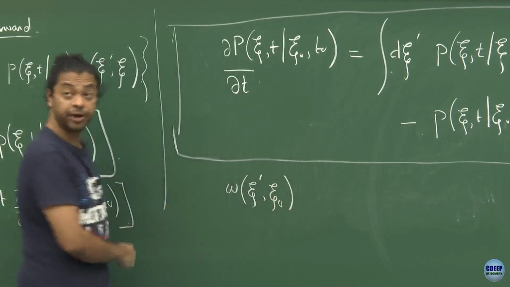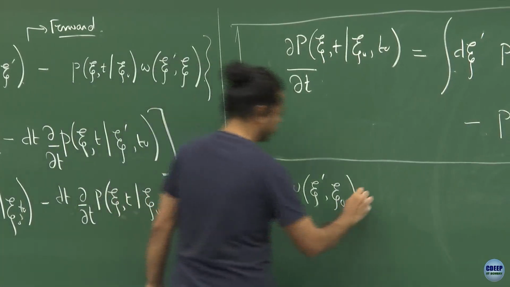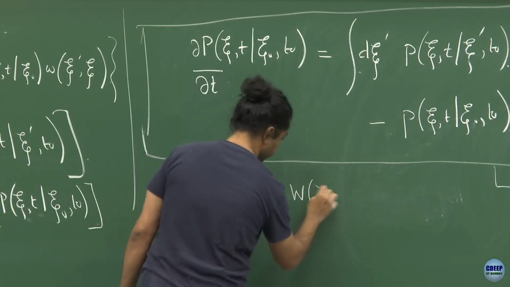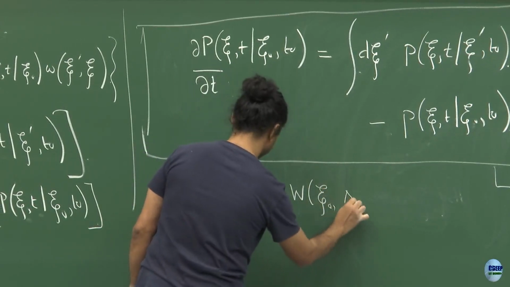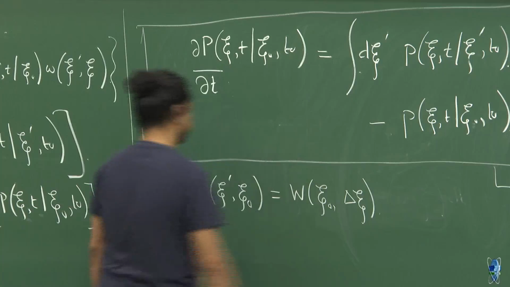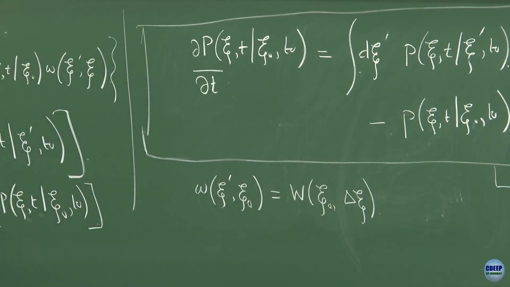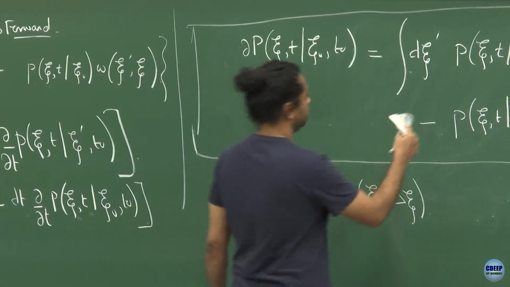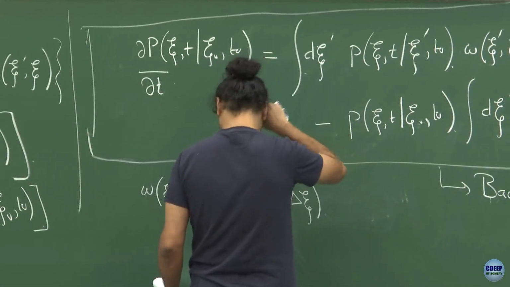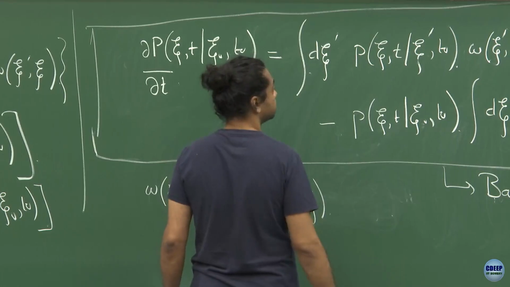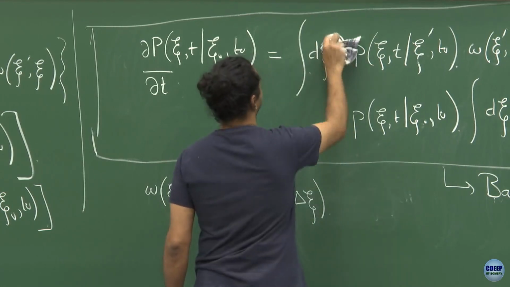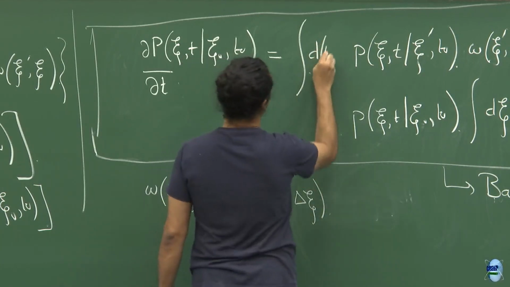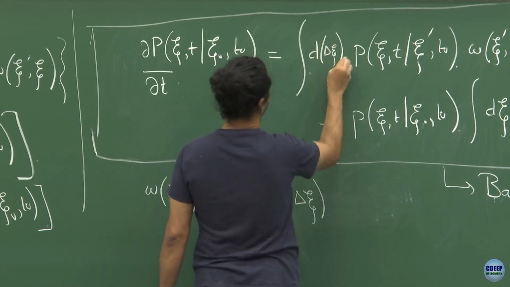So, what we had written was this: if I have these transition probabilities psi naught to psi prime, I would write them as functions of the initial state, in this case psi naught, and then the jump size, delta xi. If I do that, then I want to integrate out over all jump sizes now, d of delta xi.